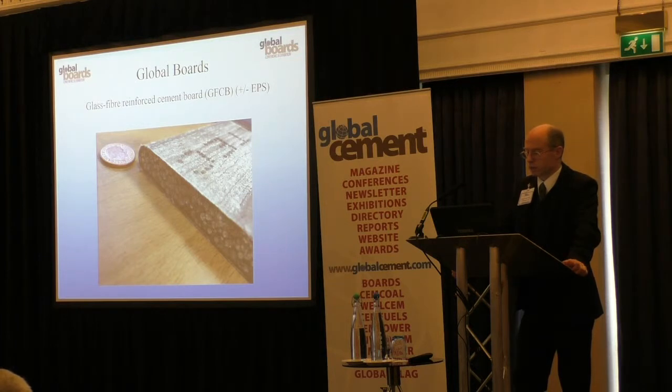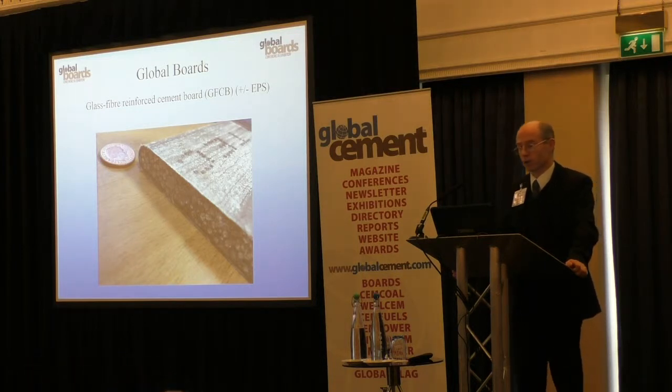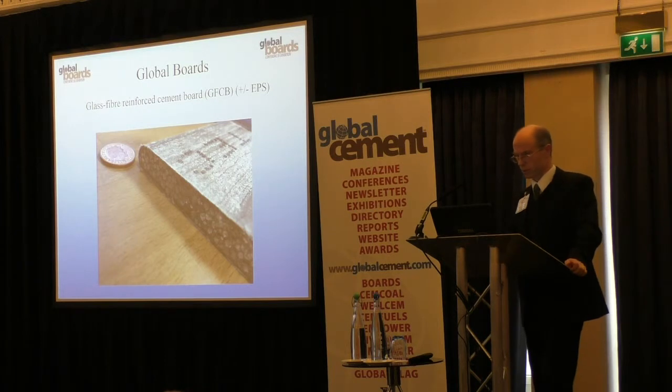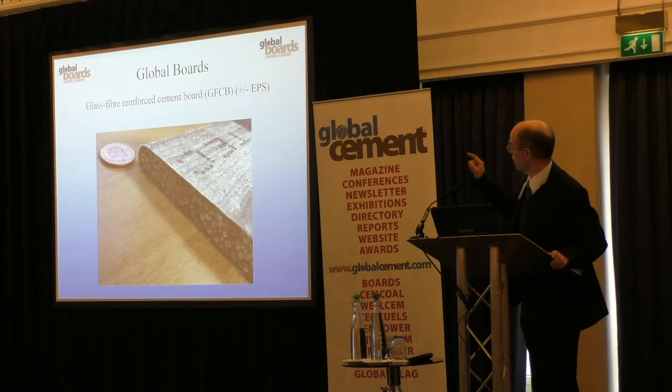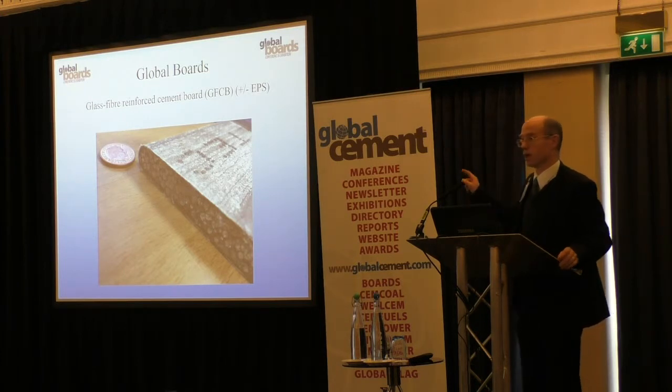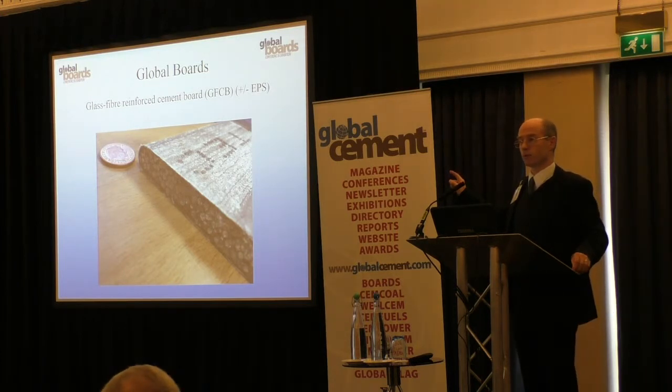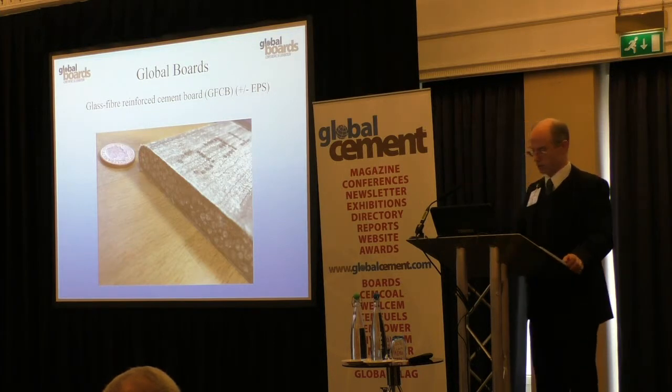It gives it greater insulating properties, and this is a fairly sophisticated, or very, I would have to say, very sophisticated, very, very robust, high performance, high value added board. And of course, this is the Permabond board from National Gypsum. So, very, very pleased to be able to show that. And as an added bonus, the coin in the top left-hand corner has a picture of our Britannic Majesty's head upon it. So that's nice too.